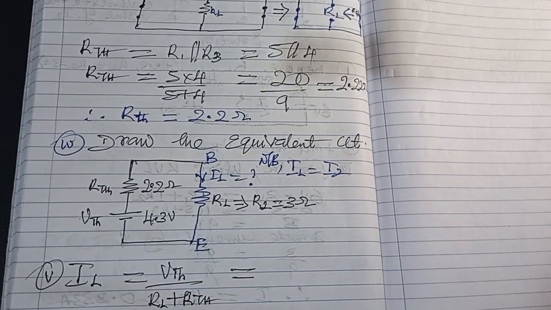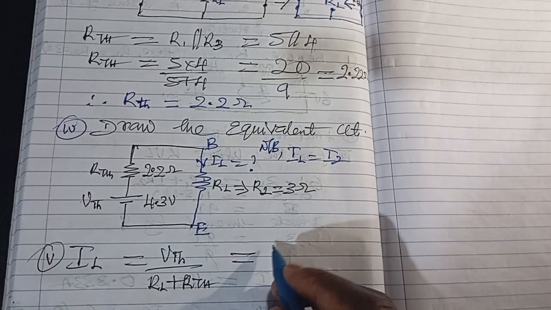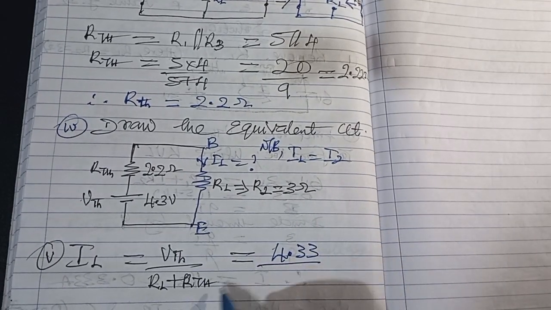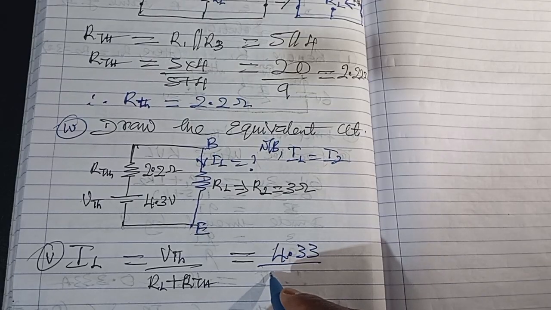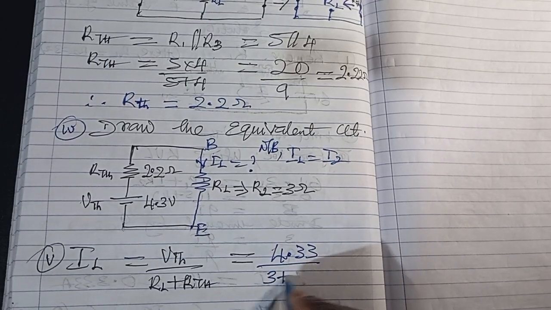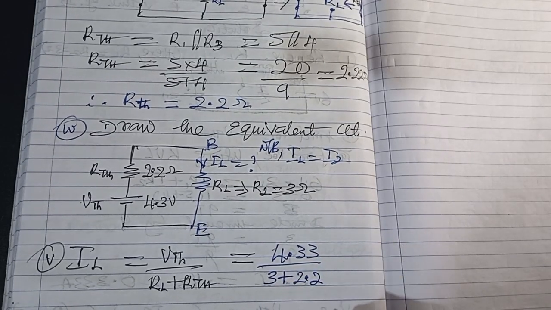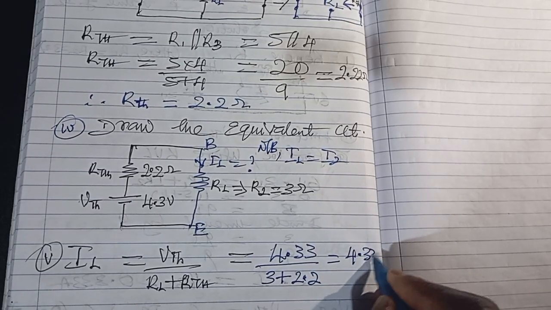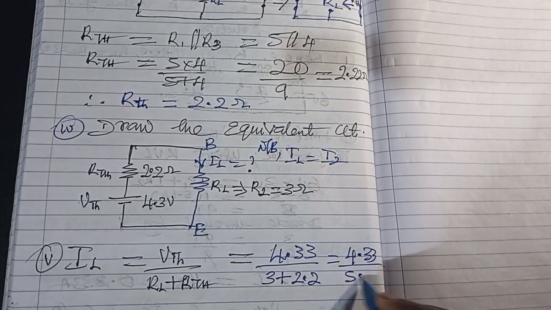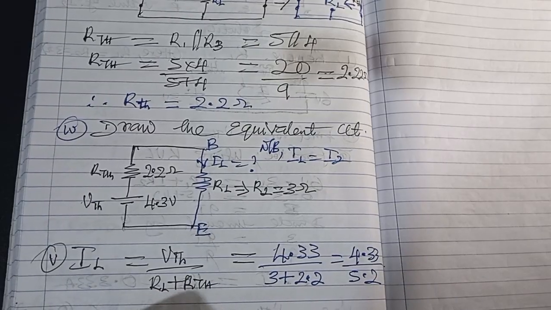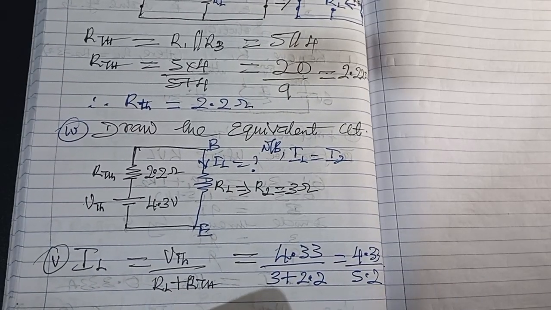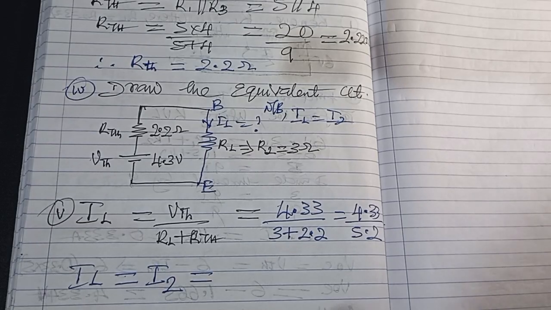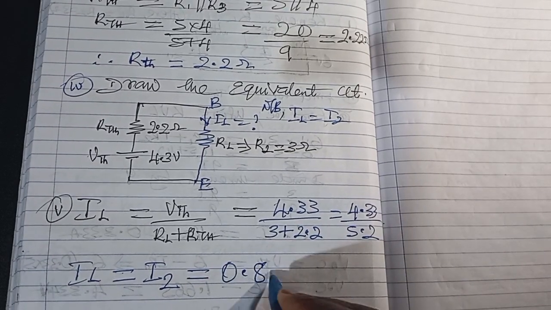This gives us VTH, 4.33, divided by RL, we have 3 ohms plus 2.2 ohms. We can have here 4.33 divided by 5.2. So IL, which is the same as our I2, will be equal to 0.829.